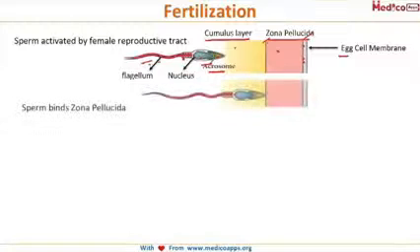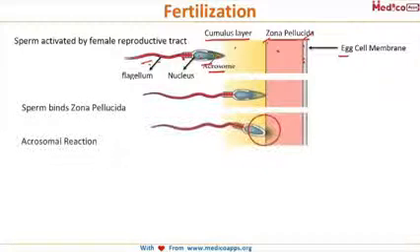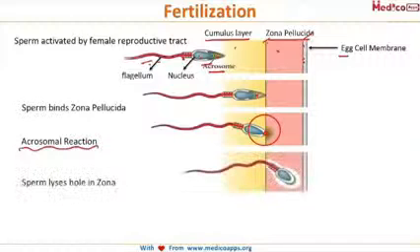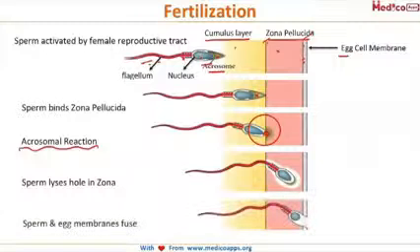Now this sperm crosses the corona radiata and attaches itself to the zona pellucida. It causes the release of enzymes from the acrosome of the sperm and this is acrosomal reaction. This causes lysis of the zona pellucida and thus allowing the entry of sperm into the secondary oocyte.